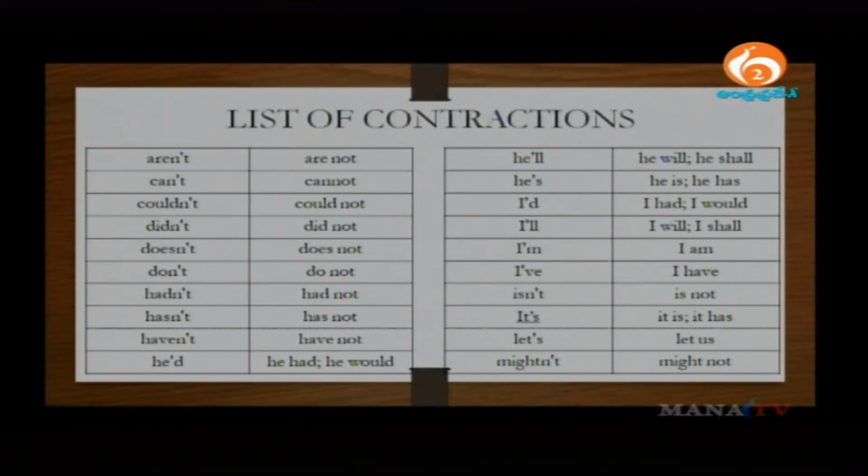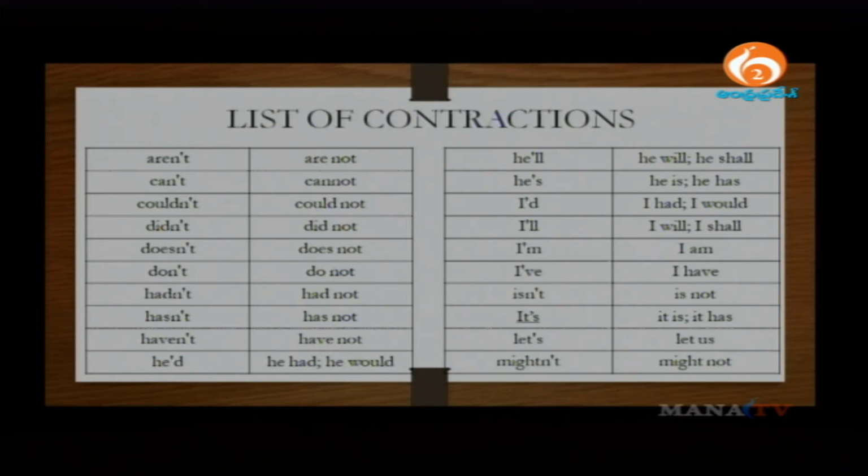So let us see here. We have a list of contractions. I'll repeat each one together. Aren't, the first one is aren't, A-R-E-N-T, aren't, are not. So this is the right meaning actually, are not. For example, I'll tell you the sentence also.